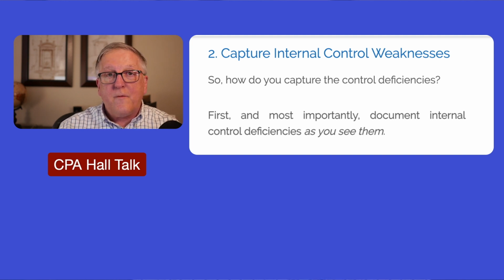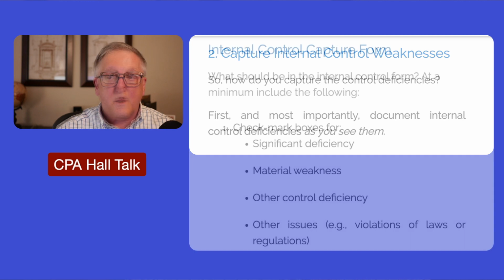If you don't have one, I'd encourage you to create one. But on that form, I'm going to show you what you want to identify. But my main point now is capture the internal control weakness when you see it.